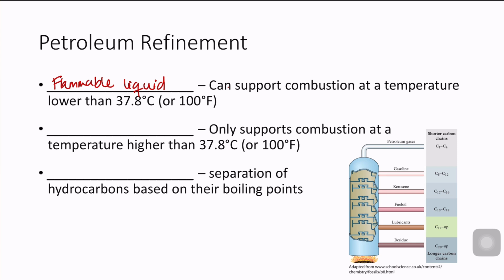A combustible liquid is going to be where it supports combustion at a temperature that is higher than 37.8 degrees Celsius or 100 degrees Fahrenheit.